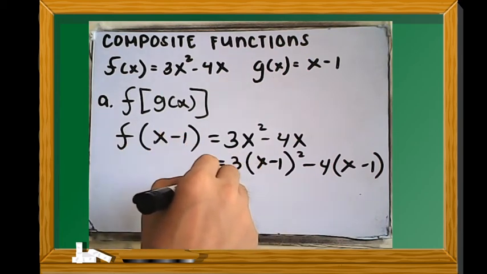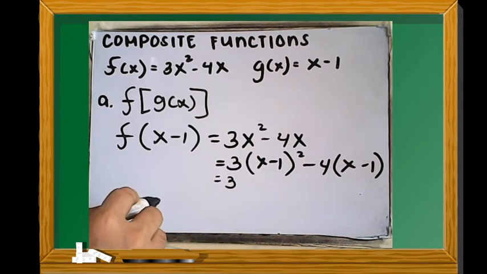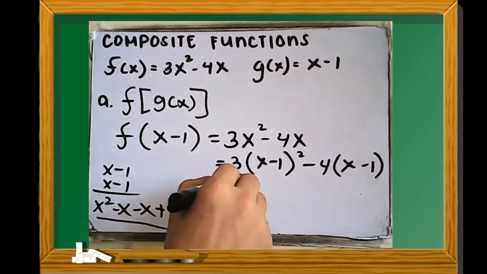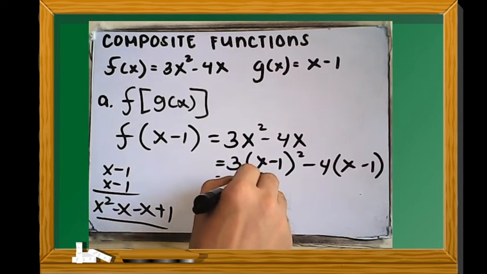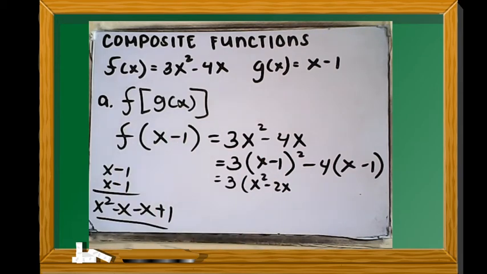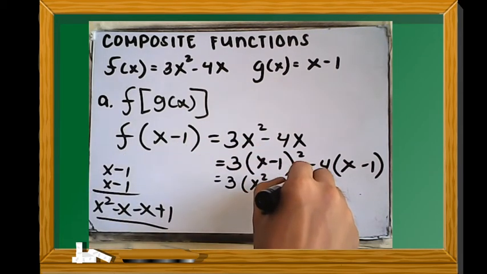So if you perform x minus 1 squared, so that is x minus 1 times x minus 1. So that is x squared minus x minus x plus 1. So if we simplify this, the answer is x squared minus 2x plus 1.